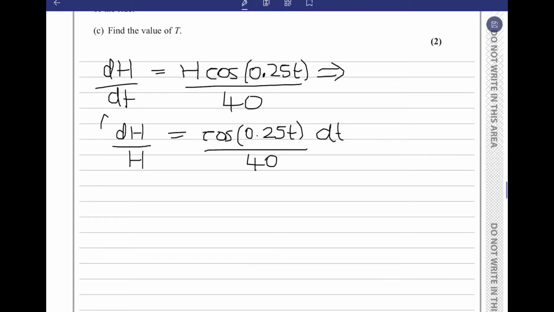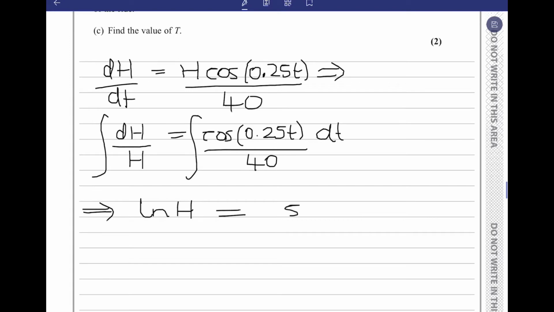Now we can easily integrate both sides of this to get the following. So on the left hand side we just get natural log of h, because when we differentiate this we get 1 over h. And on the right hand side, cos integrates to sine, but we also need to divide through by a quarter.